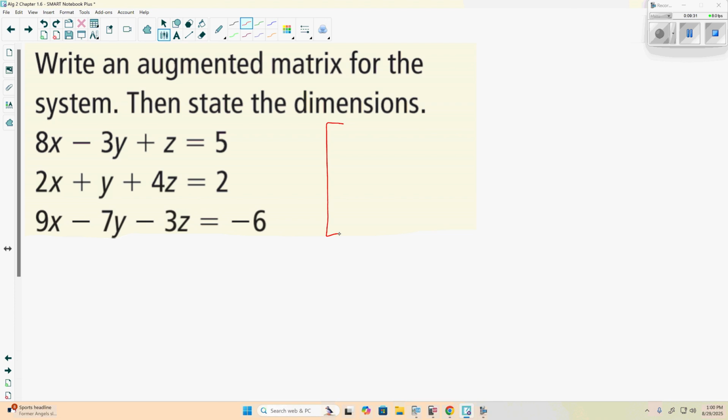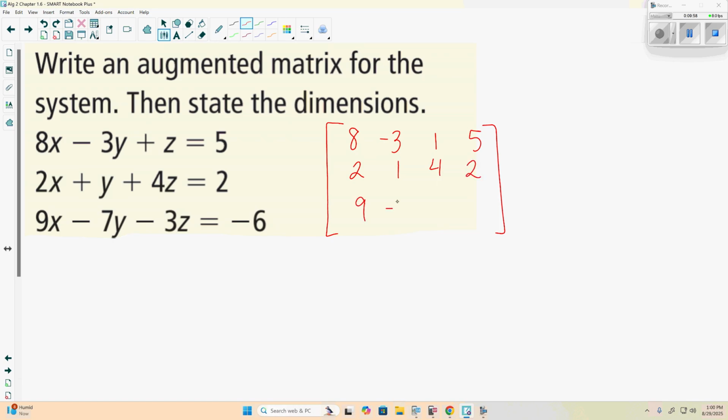So if we look at these 3 equations here, are all of them written in the correct form? Yes. So the numbers going across for the first row would be 8, negative 3, 1, 5. Then our next one would be 2, 1, 4, 2.